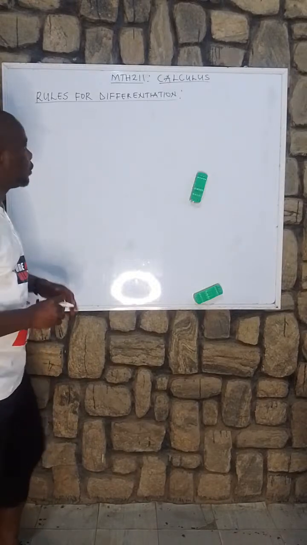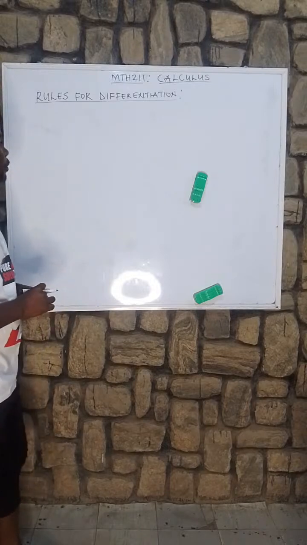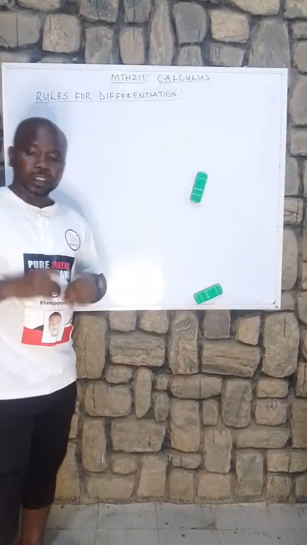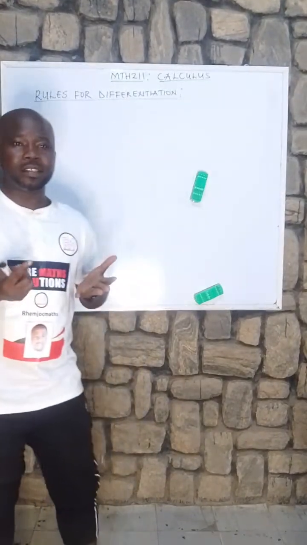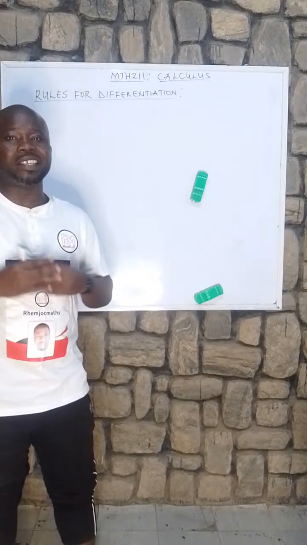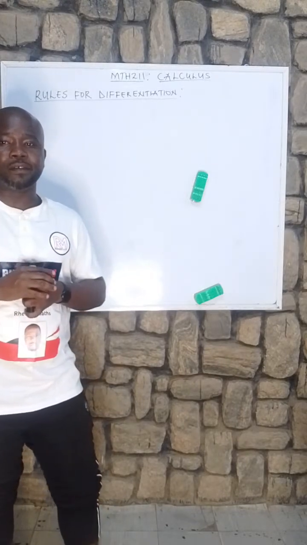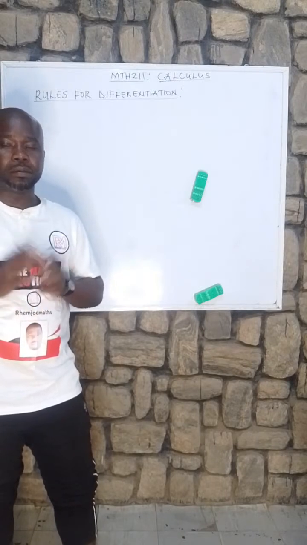Before we consider rules for differentiation, let us know the meaning of differentiation. Differentiation is the opposite of integration. Just like, let us use real life, man and woman.